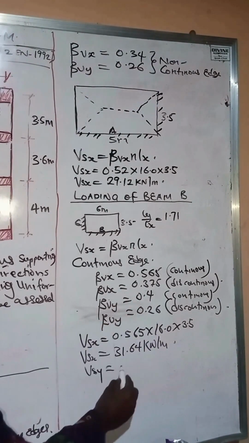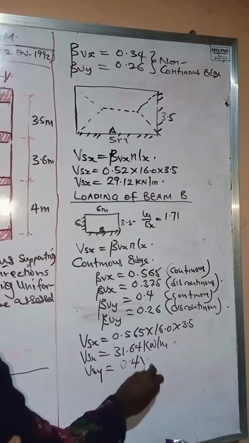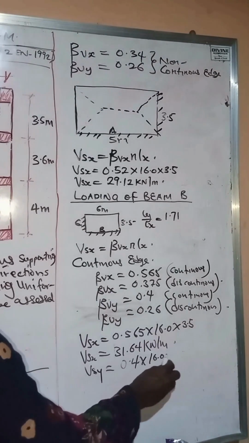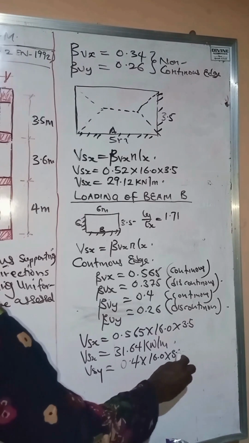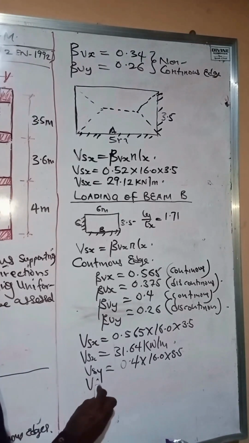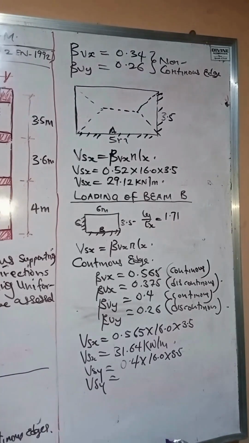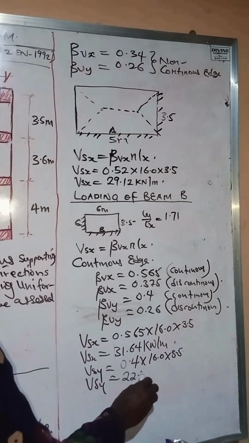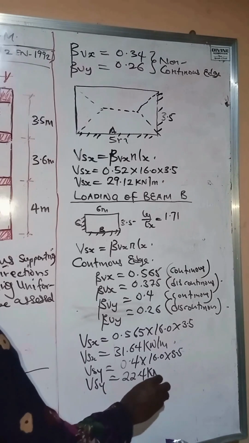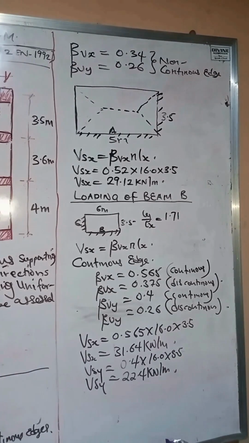The continuous edge beta Vy is 0.4. So we have 0.4 times 16.0 times 3.5. If we do that, Vy for the continuous edge of the short span will be 0.4 times the load, which is 22.4 kilonewton per meter. All right, so this is how you load your beam.